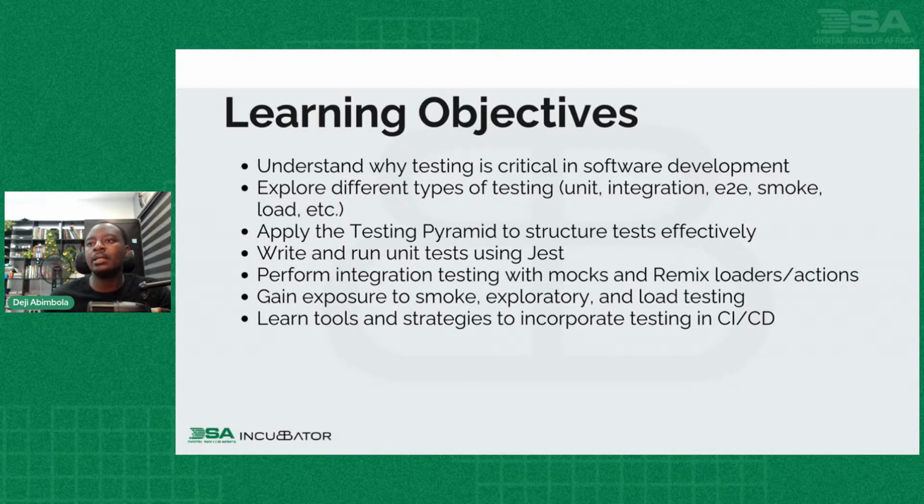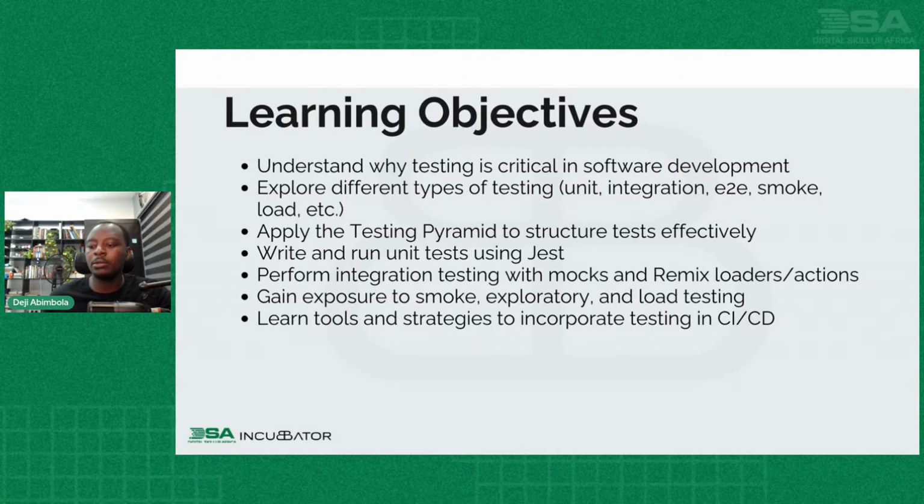and our learning objectives for today include understanding why testing is critical to software development, and then exploring different types of testing: unit testing, integration, end-to-end, smoke test, load test, and how to apply the testing pyramid to structure tests effectively. Also writing and running unit tests using Jest.